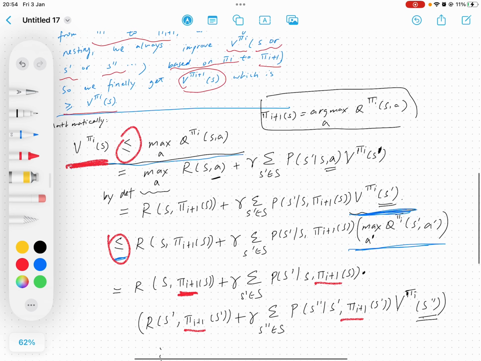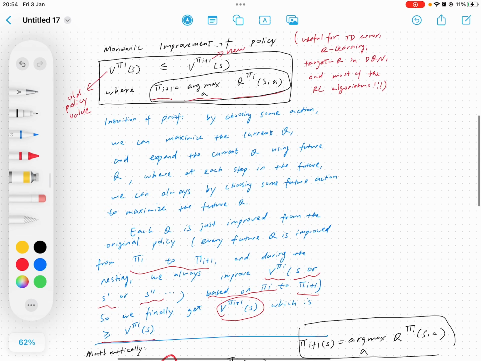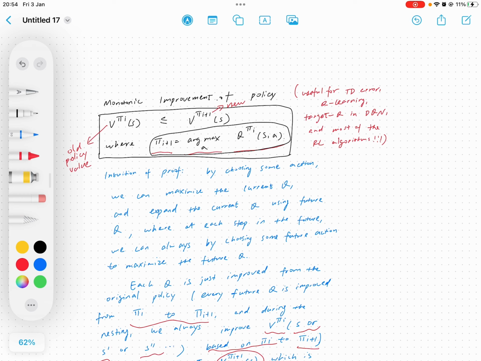Okay, so that means if I take some action, and also in coding later, you will see that we simply need to choose some action a to maximize this Q function. And that'll be enough for us to guarantee that the policy will be improved monotonically for all the states. Okay, good.